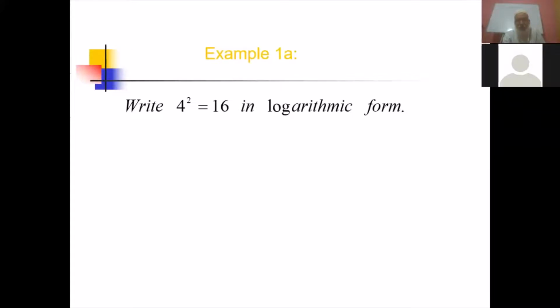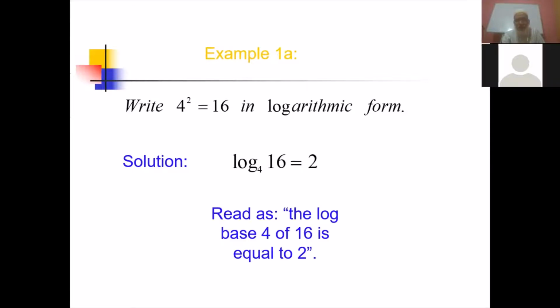Similarly, 4 squared is 16, in log form. Solution is that log base 4 of 16 is equal to 2. So you read it as log base 4 of 16 is equal to 2 because 4 squared is equal to 16.